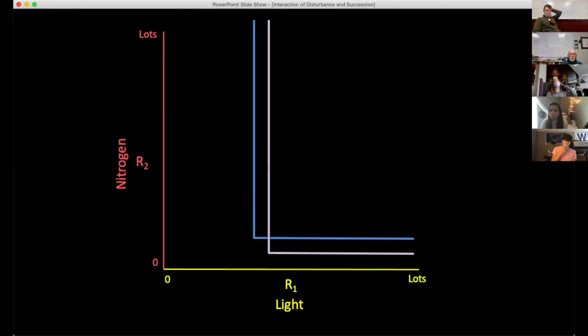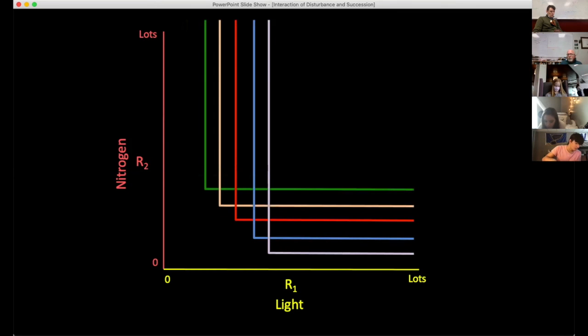As those plants grow on the landscape, they set the stage by providing more competition for light and by putting more nutrients into the soil. They set the stage for a third species that comes in that requires even less light but requires even more nitrogen. And it goes on and on and on.